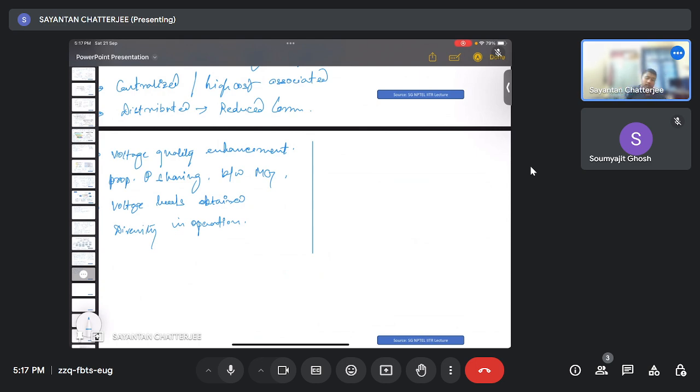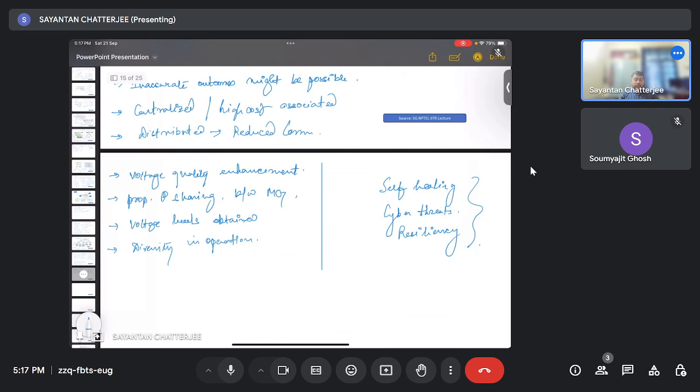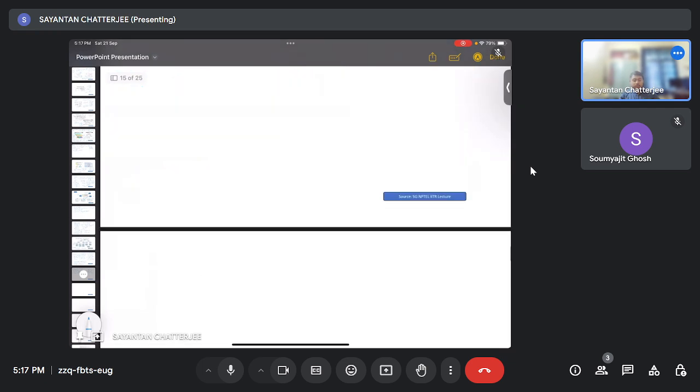Also, we can say that the system should be self-healing in nature. So these things are the potential research domains that aid in better prospects.